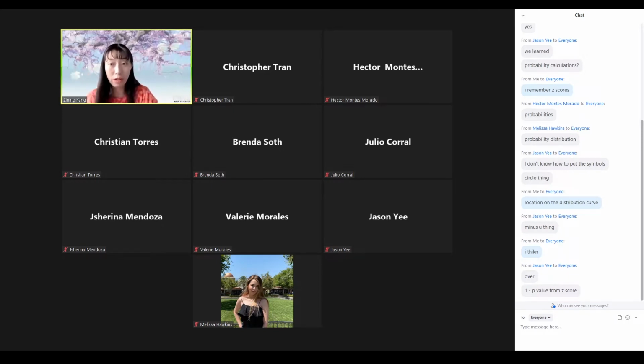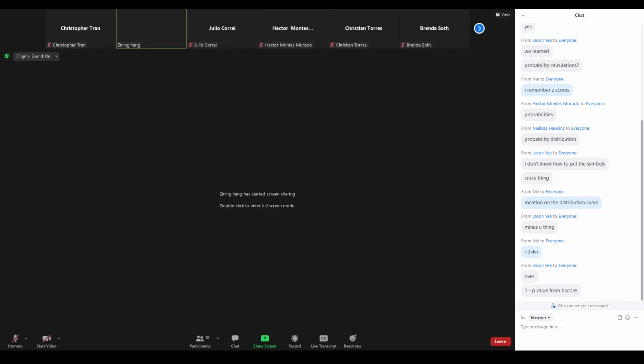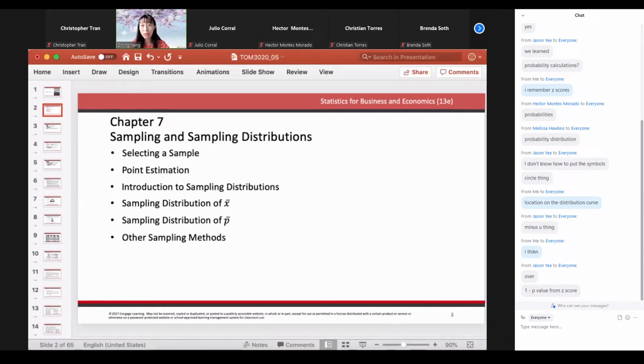And this is chapter 7. From a theoretical perspective, it's very simple. It's a repetition of what we learned last week. Practically, there's a small change in the formula that we just need to get familiar with. Other than that, chapter 7 is a very simple, straightforward chapter, and I would not expect you to struggle too much in this chapter.